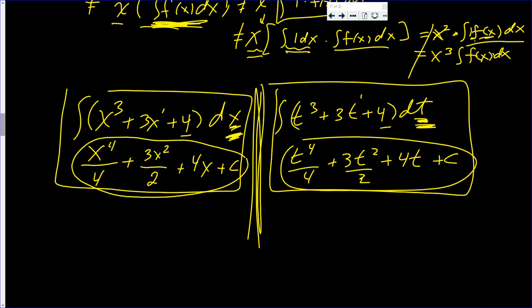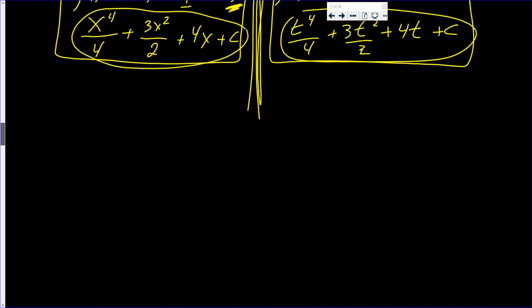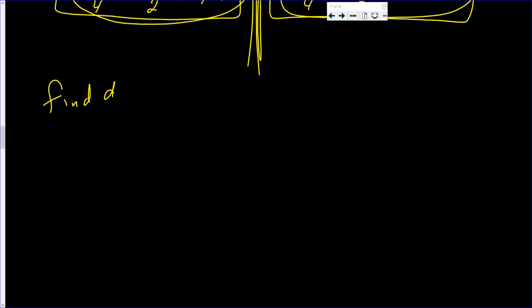Now, suppose we do a couple more problems. Suppose I ask you to find y if dy dx is 3x plus 5. That means we want to integrate. We want to undo the derivative.